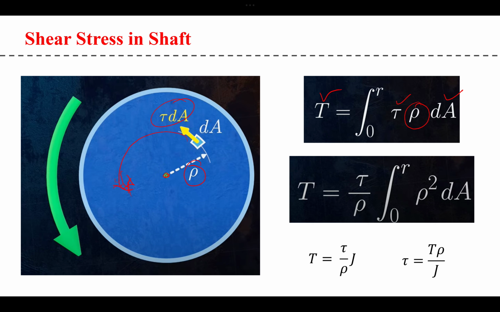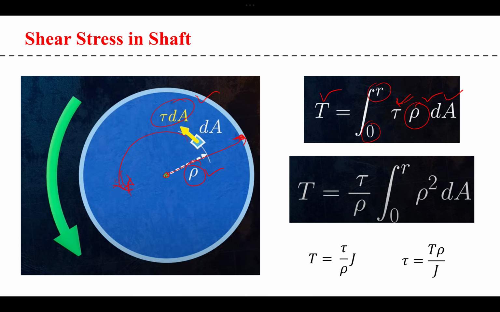It is integrated from 0 to r, from this point to the maximum radius, from minimum to maximum radius. What is integrated is your force times the radius, and it gives you the total torque applied on the disc.